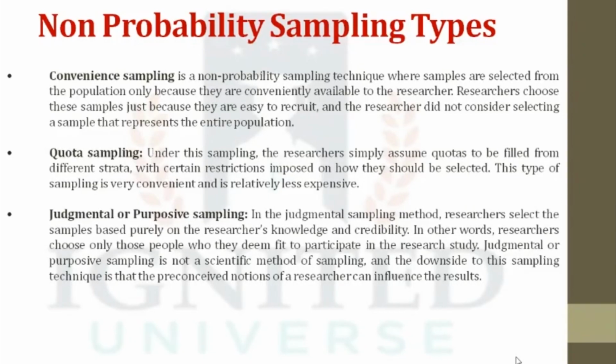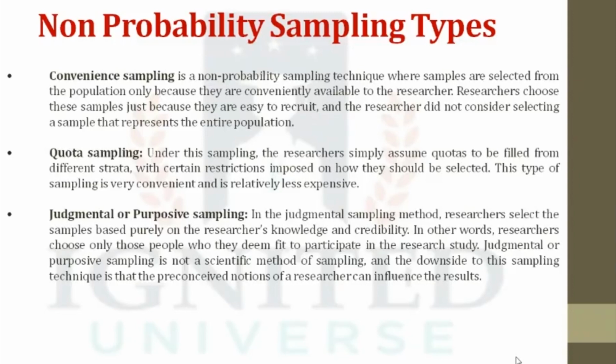In the judgmental sampling method, researchers select the sample on the basis of purely the researcher's knowledge and credibility. Judgmental or purposive sampling is not a scientific method of sampling, and the downside of this sampling technique is that the preconceived notions of a researcher can influence the results.